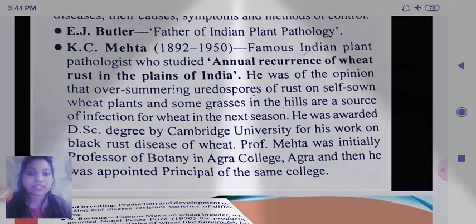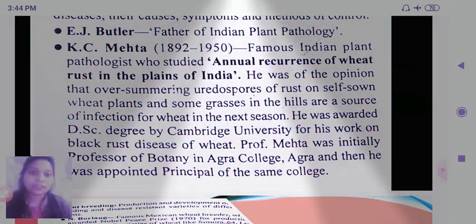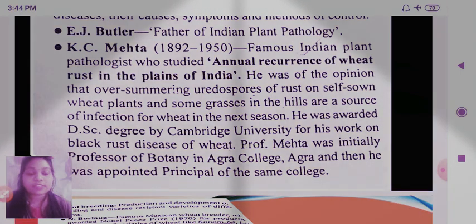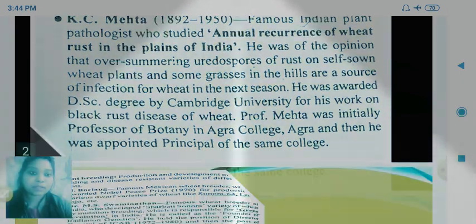In the case of wheat and barley, there are diseases with two different types of spores, uredospores and teliospores. They cause diseases in wheat plants, barley plants and oats plants.